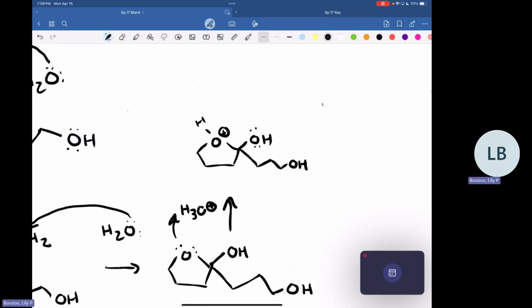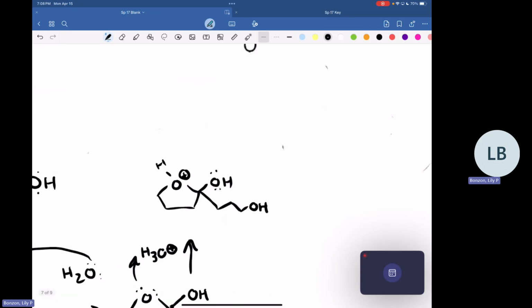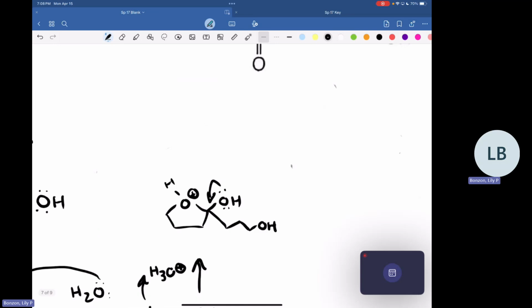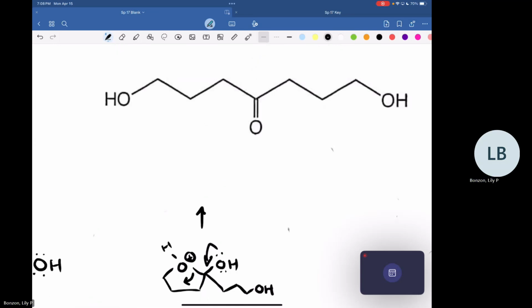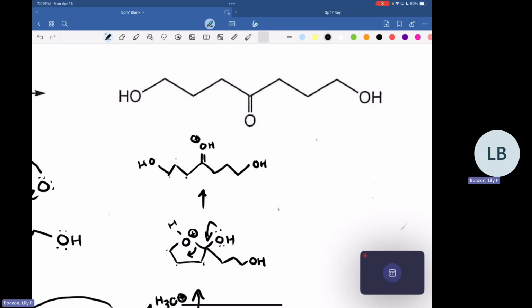Now the alcohol attached to it can, sort of like in the first step, attack and kick out the positive oxygen. All right, so we kicked out that oxygen.